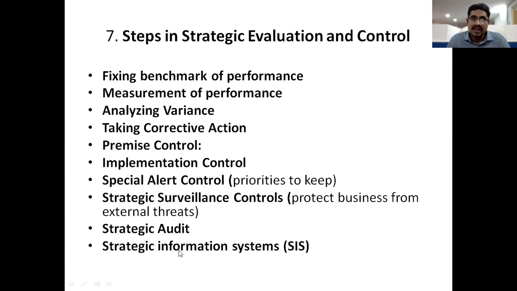So take the right, accurate information, analyze this information, and take the right decision based upon this information for development of our company. That's where the strategic information system gathers the information, analyzes it, and based upon these informational reports, we take a decision. So this is called a strategic information system, SIS.